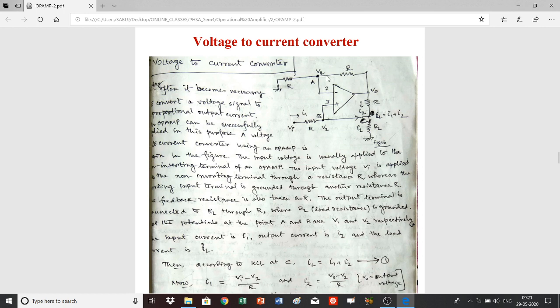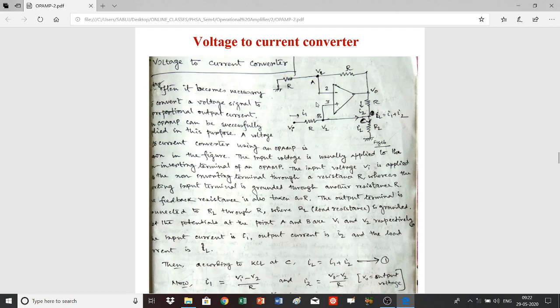Now you know that since the input impedance of the op-amp is very high, that is infinity, and output impedance is very low, the point A and the point B will have the same potential. If the effective potential given to the non-inverting input terminal is V2, then the potential of the point A will also be V2.